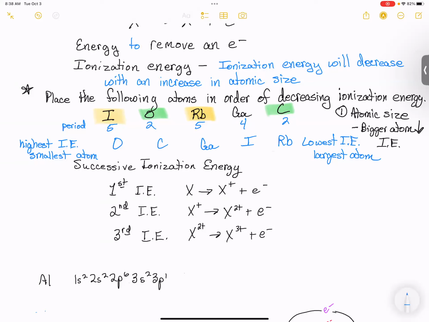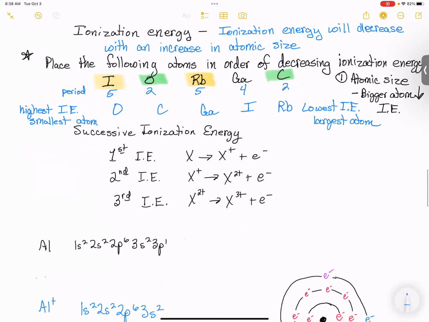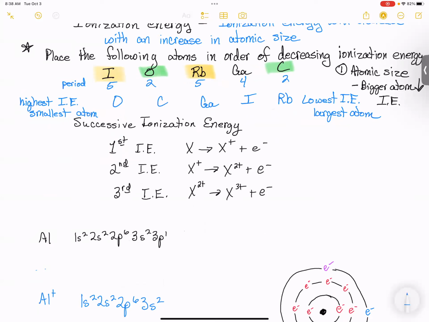In other words, they don't always just lose one electron. Loss of one electron produces a +1. Sometimes they'll lose 2 electrons. Sometimes they'll lose 3 electrons. So in other words, what we have is multiple ionization energies.